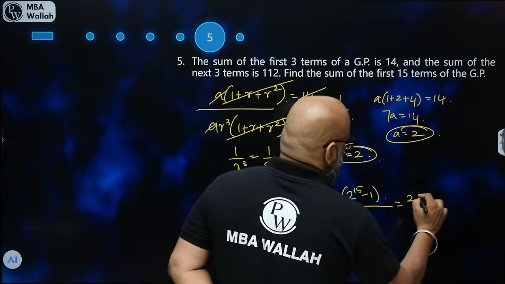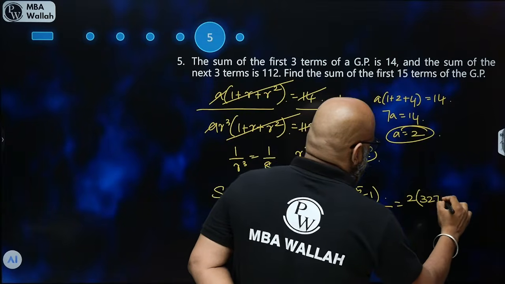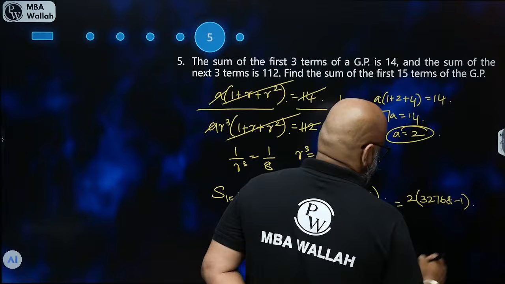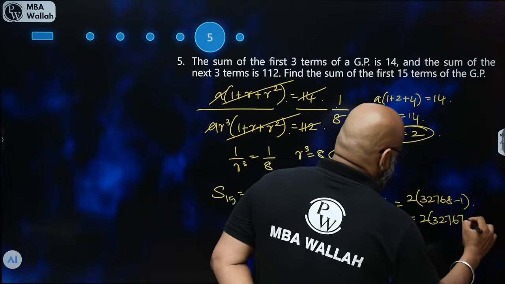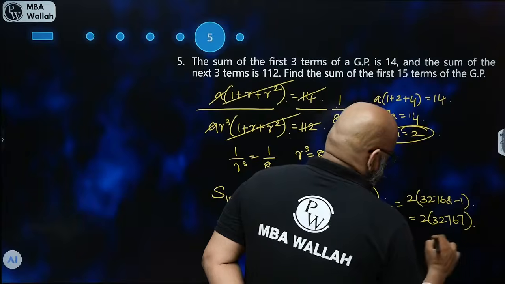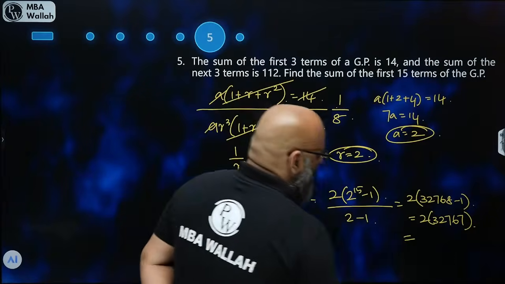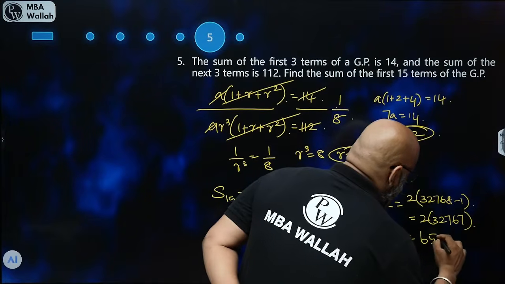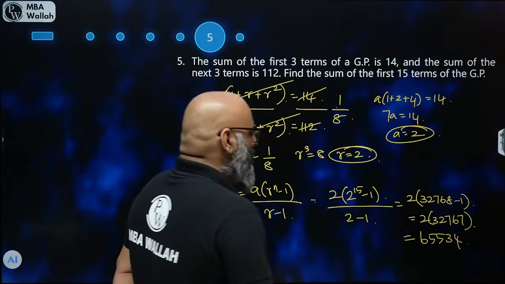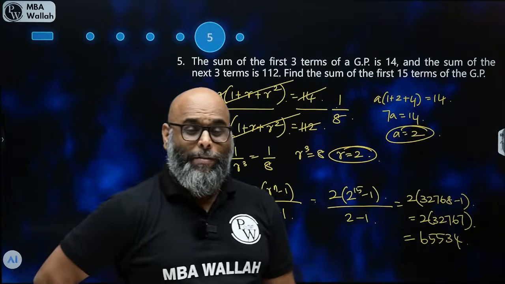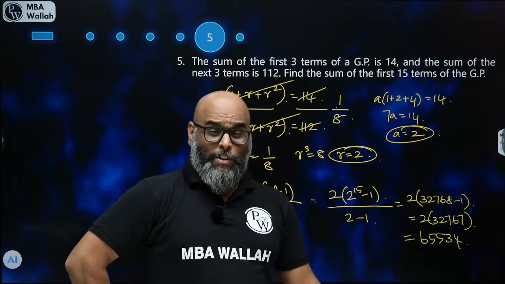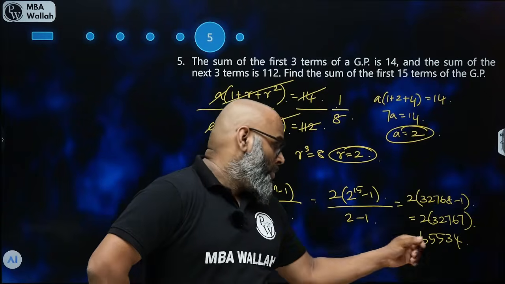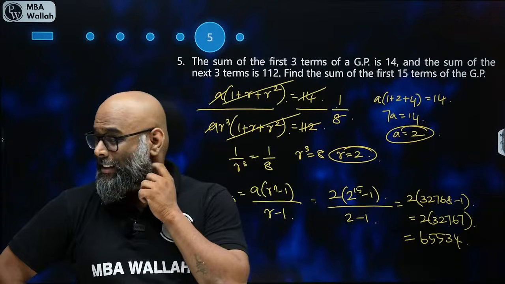This will become 2 into 32768 minus 1, so this will be 2 into 32767. So this will become 65534, because I know 32768 into 2 is 65536. You know that value because it's 256 square. I'm aware of that. So this will be 65534 and that's our answer.